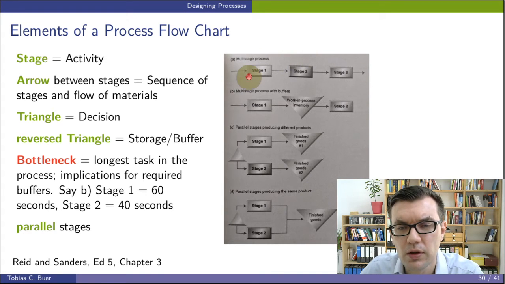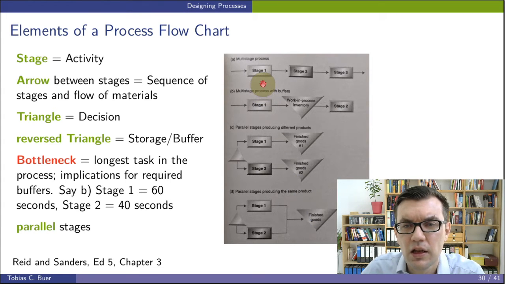So here you see on the right side different types of processes. A, multi-stage process, B, multi-stage process with buffers, and so on and so on. So you see 4 different processes here, and you see several symbols.